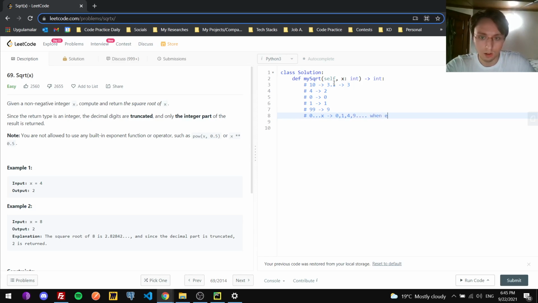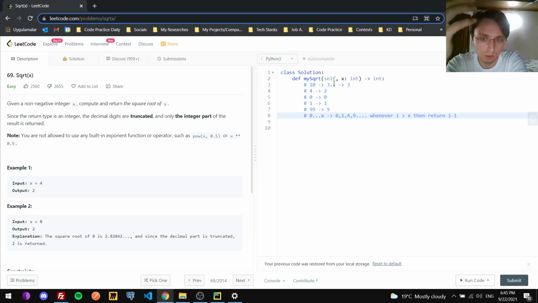And whenever the value I is greater than x, then we return I minus 1 immediately, and then we stop.